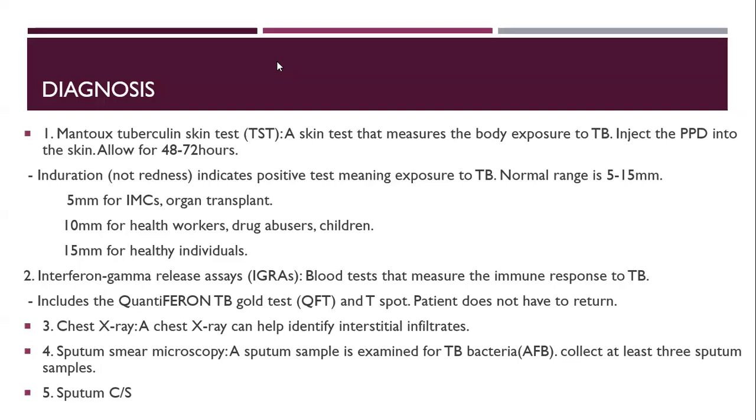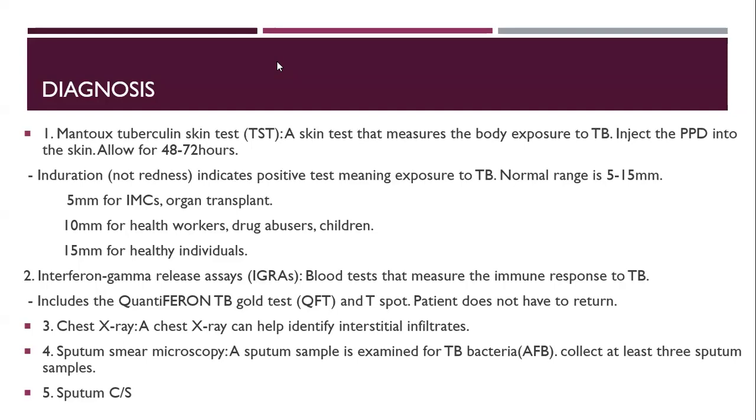Now we have the 5 millimeters to 10 millimeters, checked by using the caliper or the millimeter ruler. One thing you should know is that we have different dimensions for each individual we check. If the person we want to rule out TB in is an immunocompromised patient, or has just received an organ transplant, the moment we get 5, it is positive for exposure.